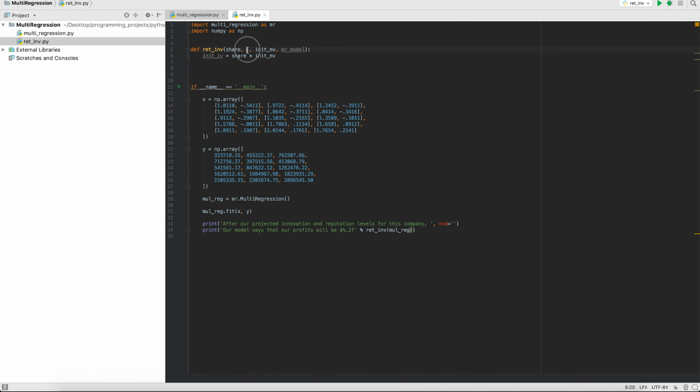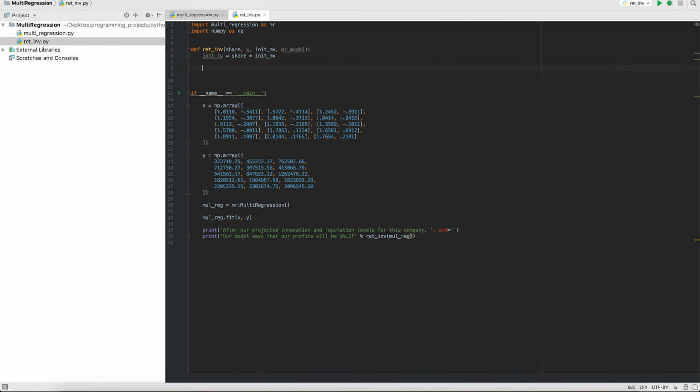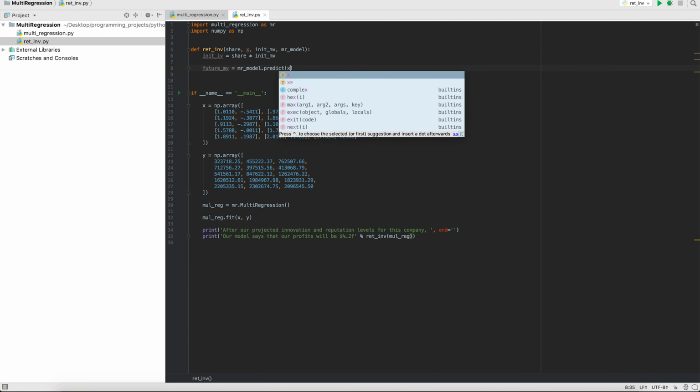And this can be passed as the input to our predict function from the multi-regression model. So let's just say future MV, which is future market value, is MR model dot predict, and it will take X.